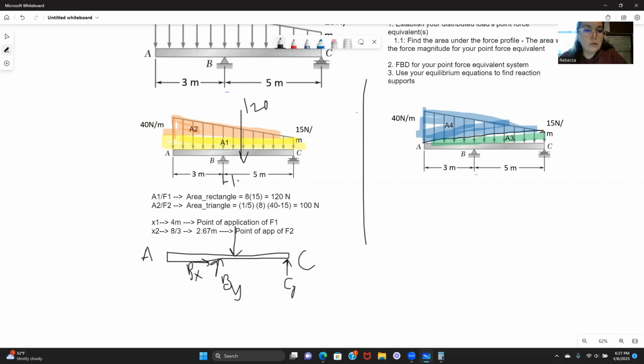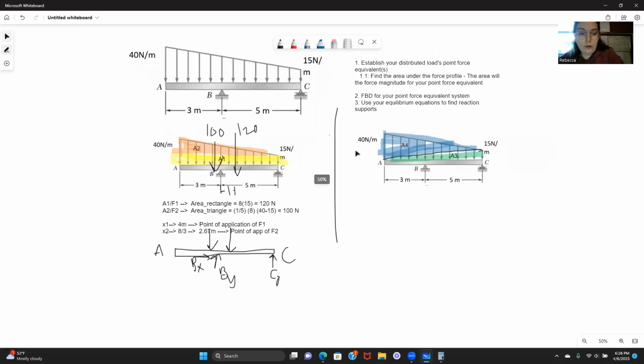And then the other one is going to be a 100 newton force at about 2.6 meters, so it would be right before this B. If you wanted to, you could start from there and analyze your system like that.